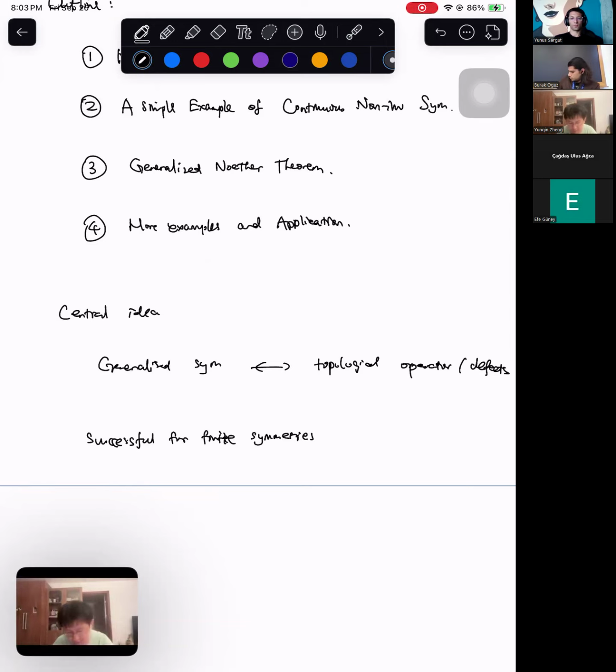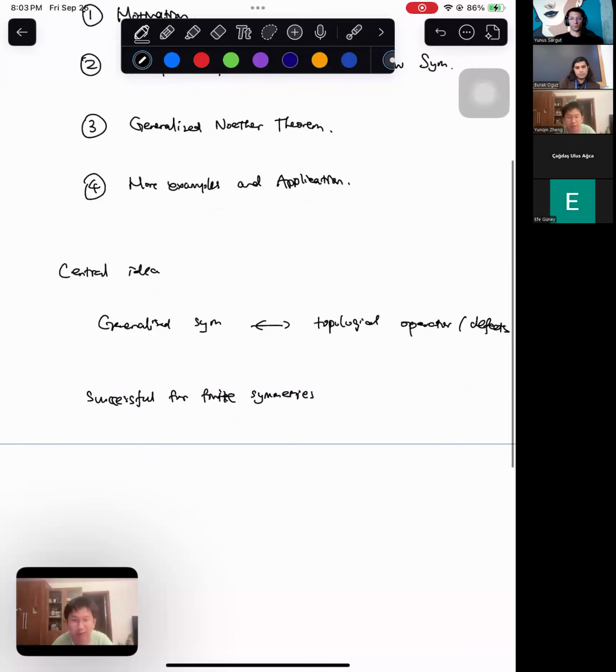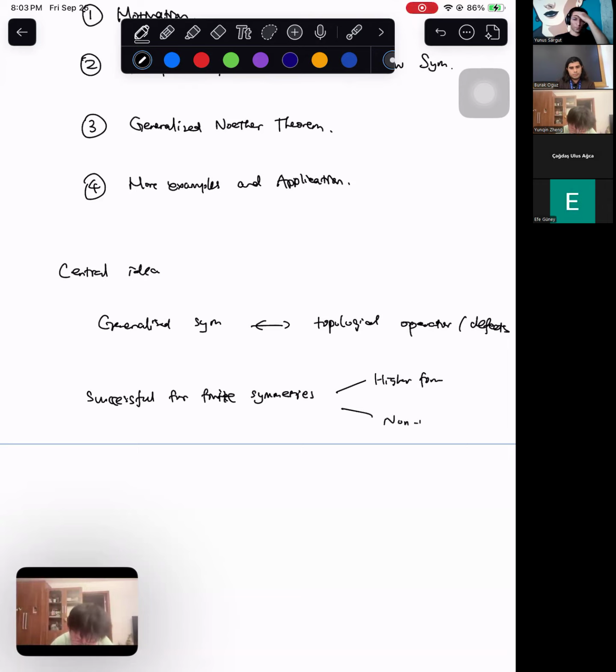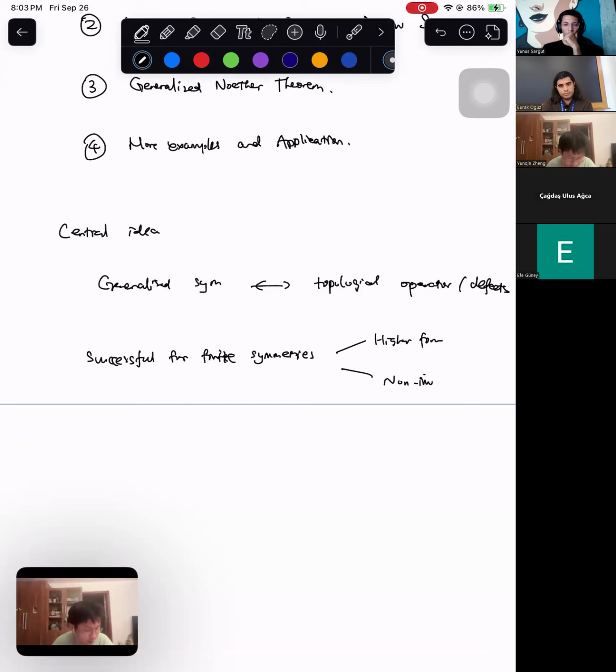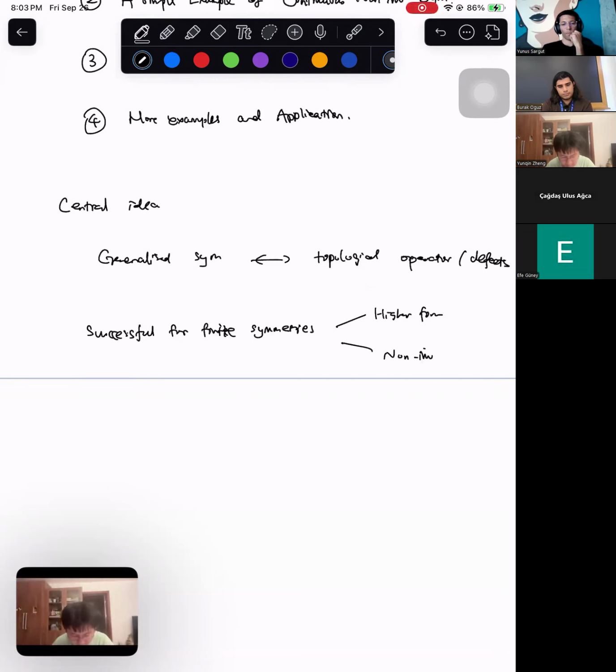And as you know, there are many generalizations, which we call the higher form and non-invertible symmetries. It's successful because it leads us to many physical consequences. For example, we can use it to construct many new lattice models.